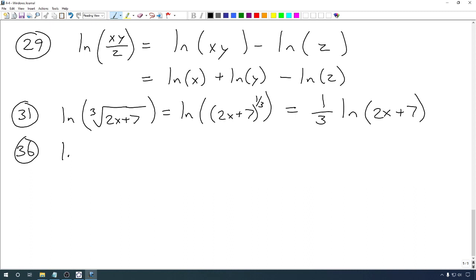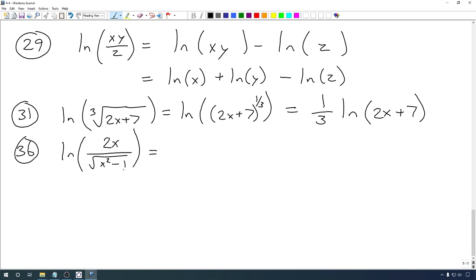Problem 36. Here we have the natural logarithm of 2x over the square root of x squared minus 1. Again, we can put parentheses around it if there's any confusion. We want to split this up into the simplest logarithms we can.